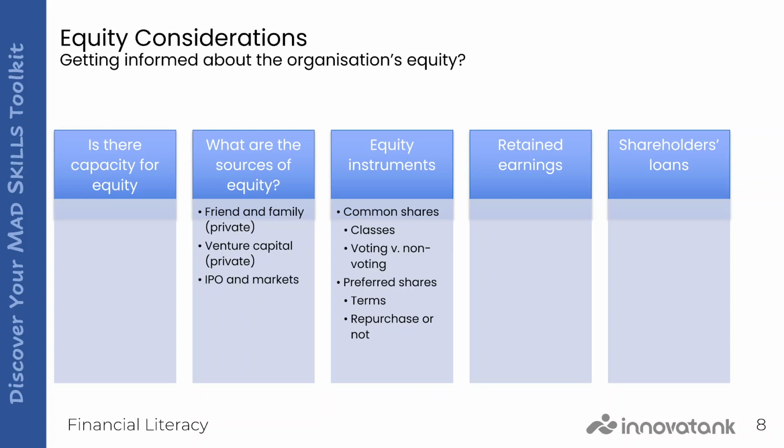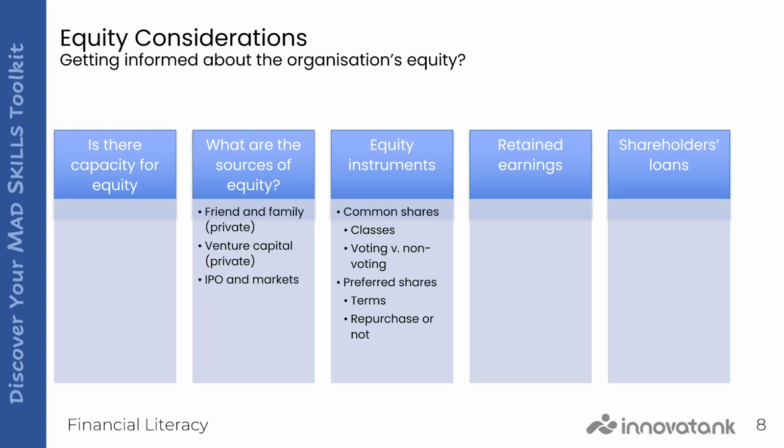And it may also be expensive in terms of the way that the equity gets structured and have huge implications on control. Equity instruments include things like common shares, different classes of those you have to remember about, voting versus non-voting. Again, this varies also in terms of public and private companies. Generally, in public companies, you have fewer classes of shares.